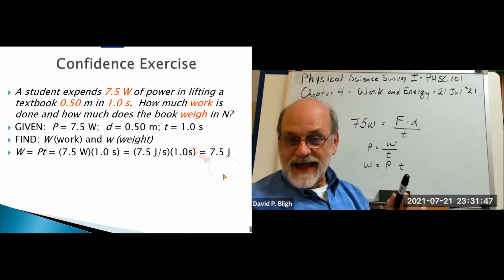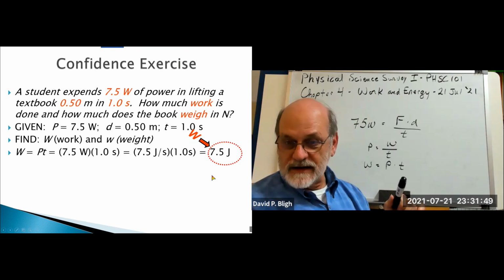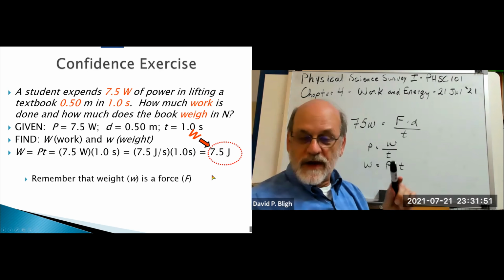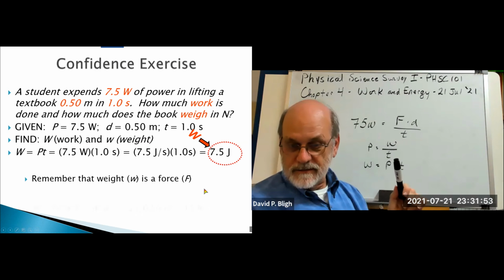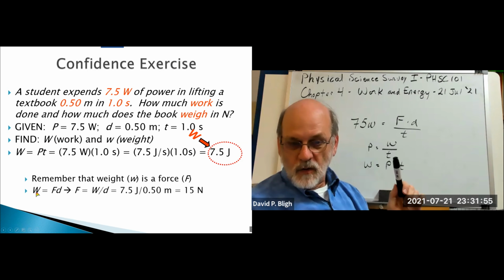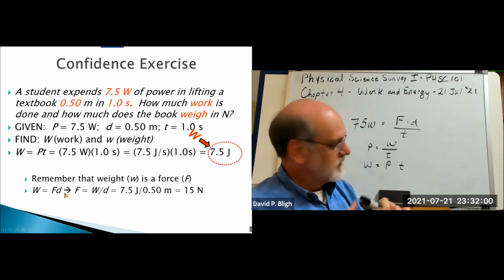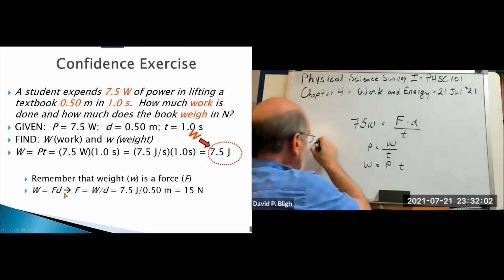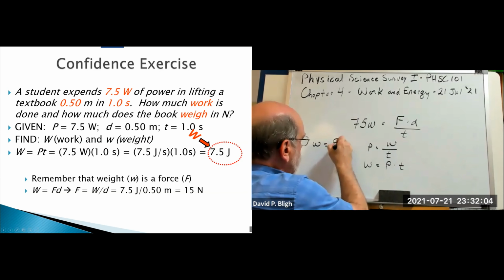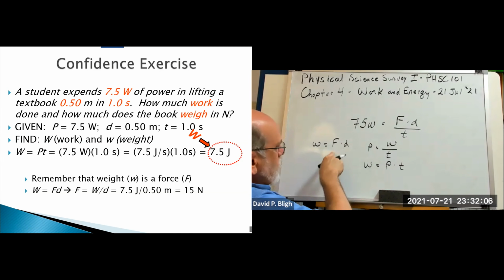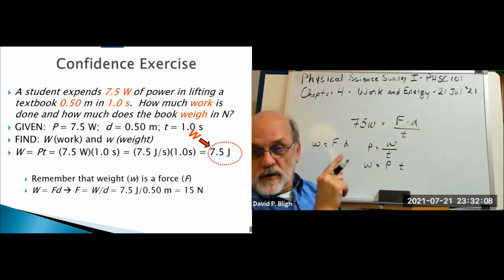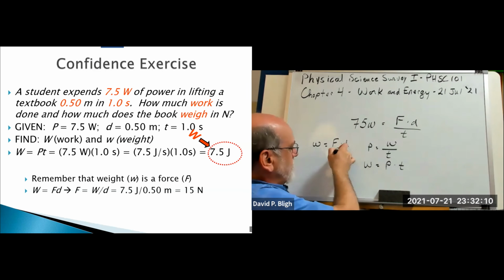Okay. Now, if we want to know how much weight, we can apply another formula. Work is force applied through a distance. We want to know the force or the weight of the object.